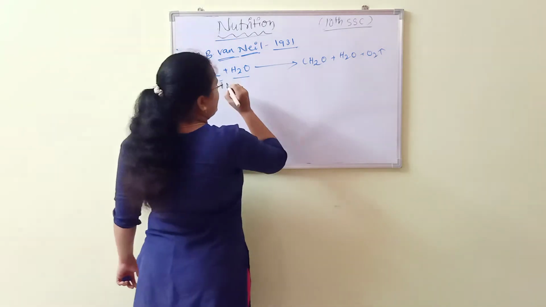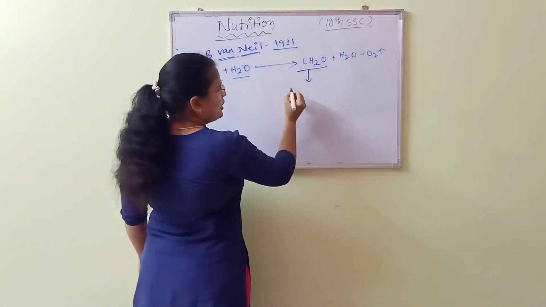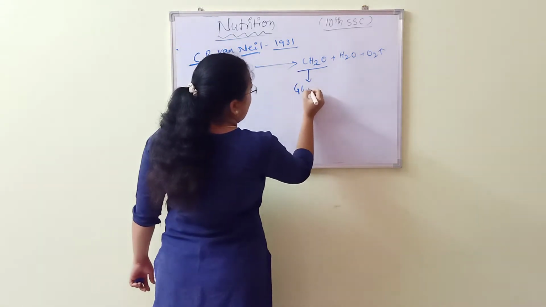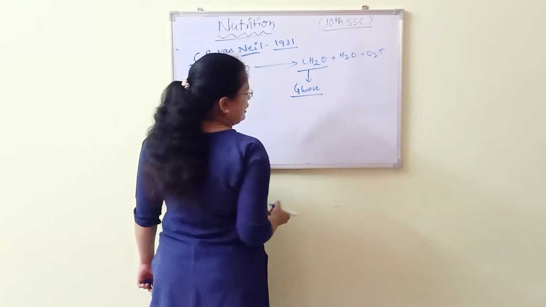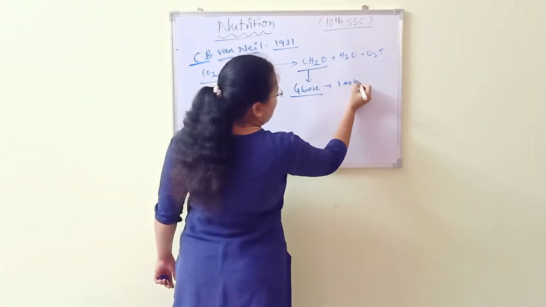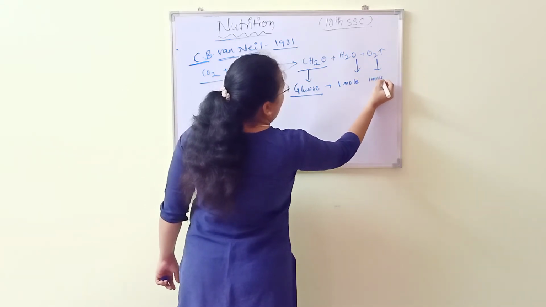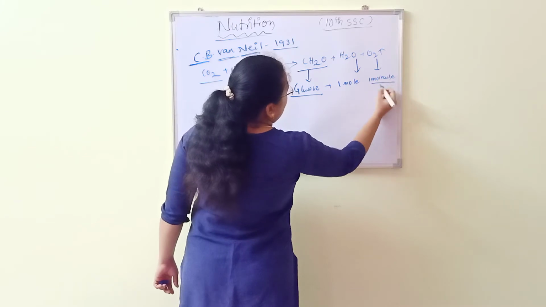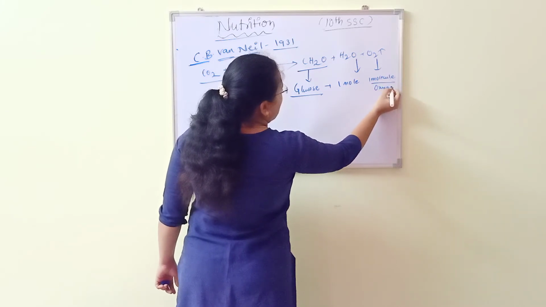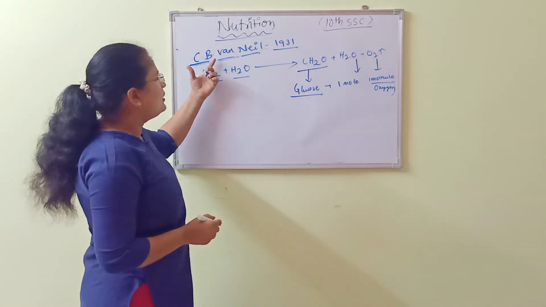C.B. Juannil said that while producing every glucose molecule, or every sugar molecule along with the carbohydrate, 1 molecule of water is being produced and 1 molecule of oxygen is being produced. This was said by the scientist C.B. Juannil.